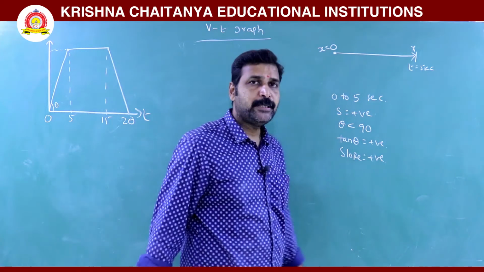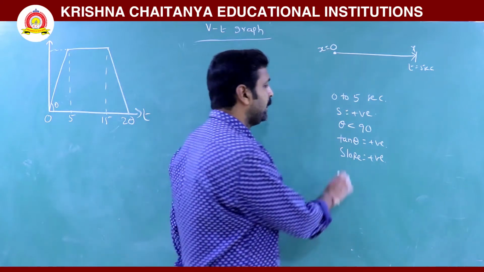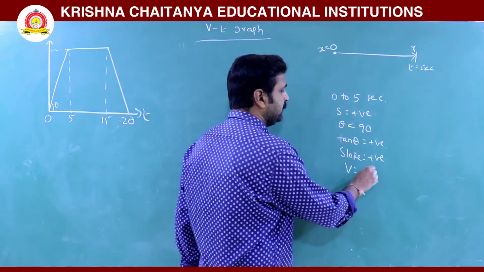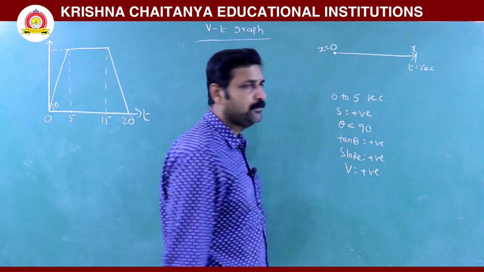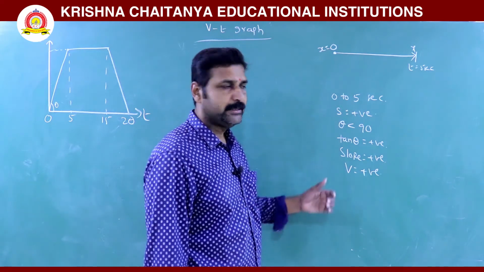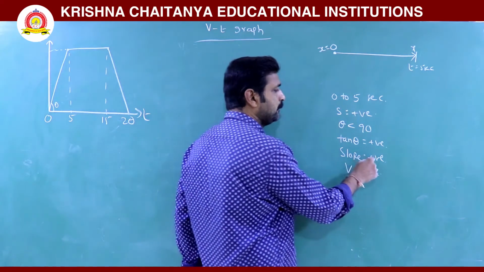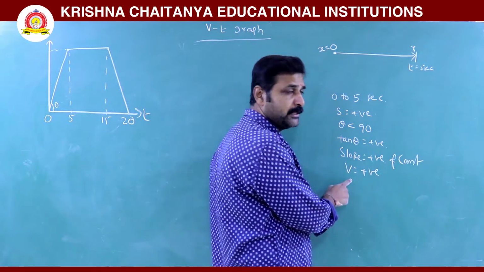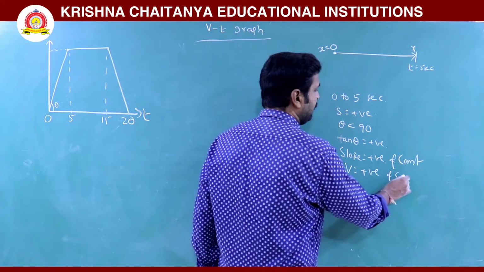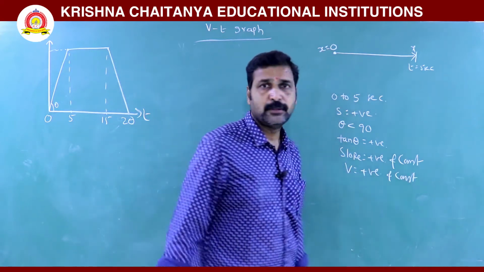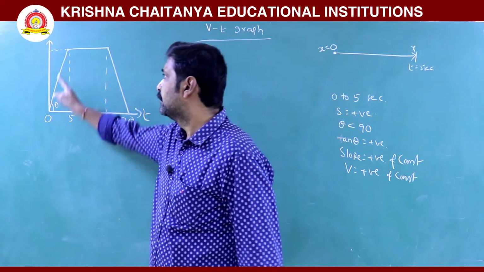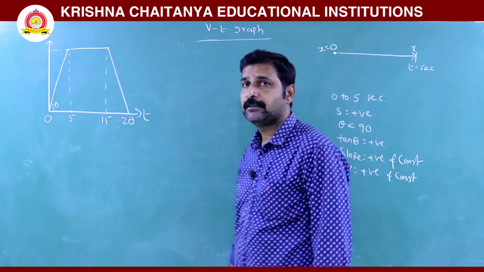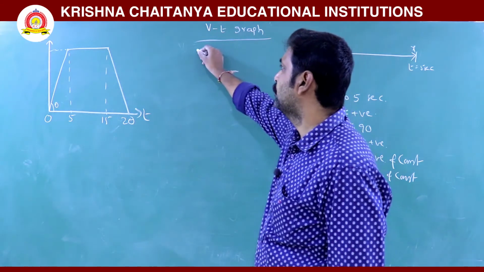Slope of the displacement-time graph gives what? Velocity. That means here velocity is positive, and since it is a straight line, slope is positive and constant. That means velocity is positive and constant from 0 to 5.